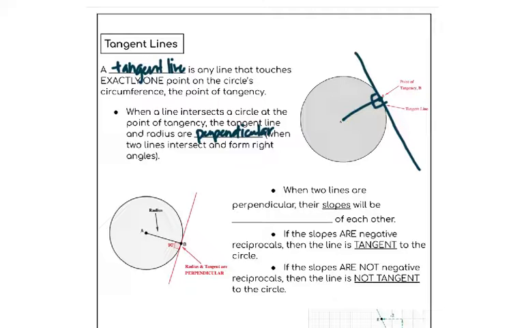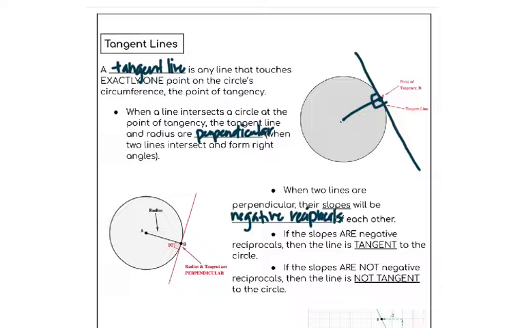So when two lines are perpendicular, what do we know about their slopes? This is something that we've talked about in a previous unit, but when two lines are perpendicular, their slopes will be negative reciprocals of each other.